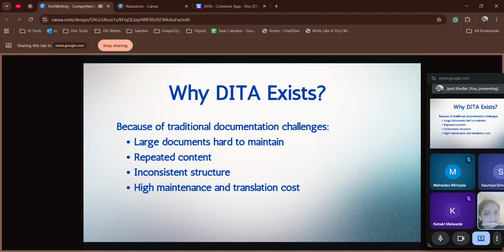There will be differences, so the structure will be inconsistent. There will be a lot of repetitive work, repetitive content, and the maintenance and translation cost also increases many folds. So to solve all these problems, DITA came into the picture.